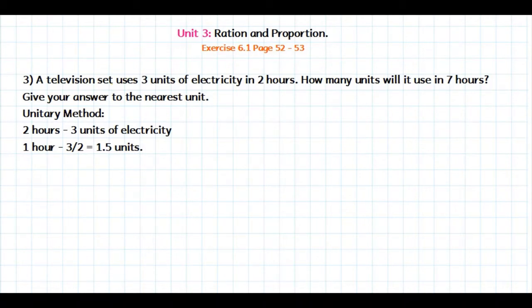But I need to know how many units will be used in 10 hours. So the next step is going to be to multiply the 10 hours multiplied by 1.5 units. This is units of electricity, okay?